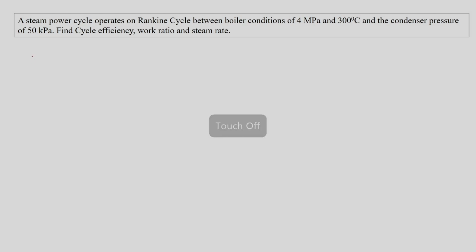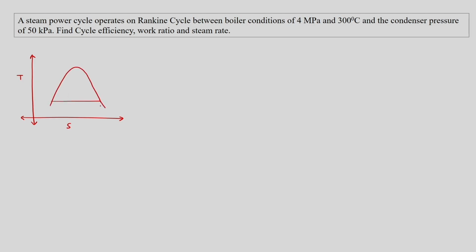We will first draw the Rankine cycle for our reference, and then we would note all the numbers. This is 1, this is 2, this is 3 and this is 4. So this is the Rankine cycle for us.